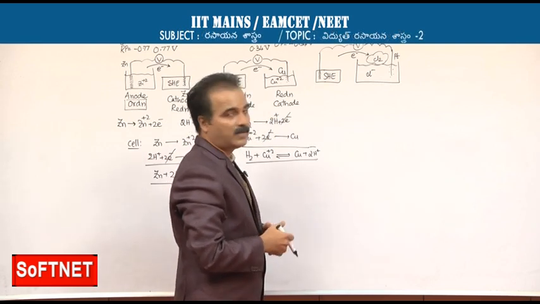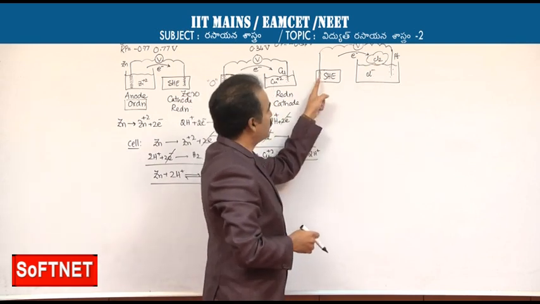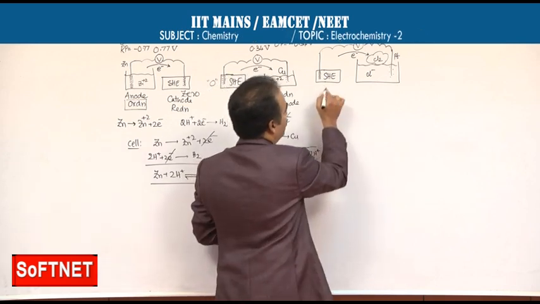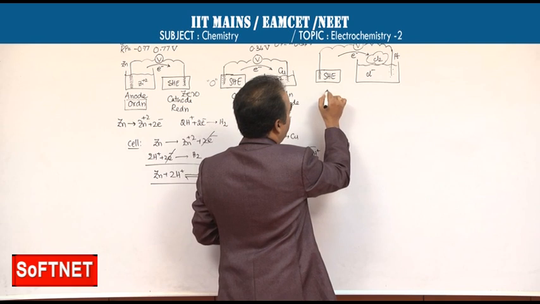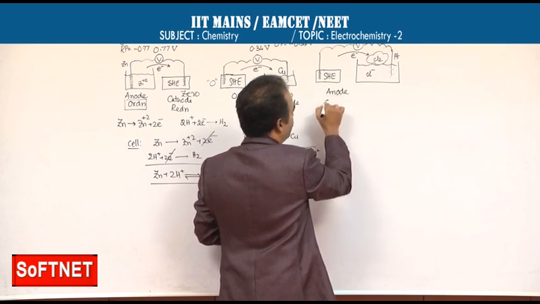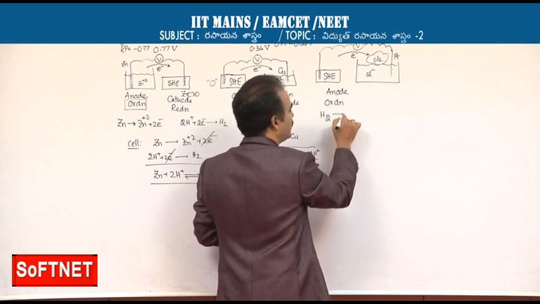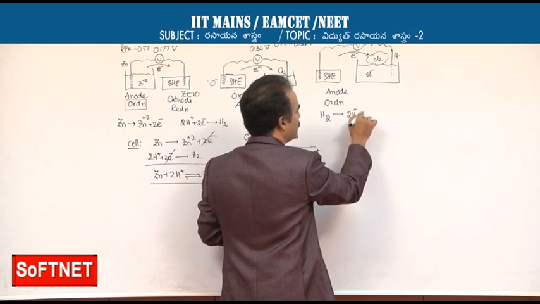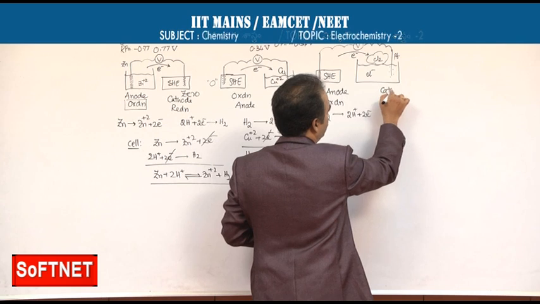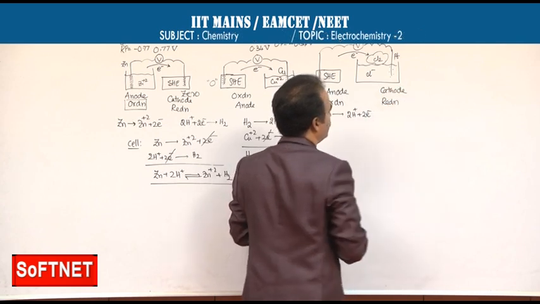So, which is ready to undergo reduction? Chlorine electrode is ready to undergo reduction. So, hydrogen electrode is ready to undergo oxidation. So, here SHE acts as anode and undergoes oxidation. Oxidation means H2 gives rise to 2H plus and 2 electrons, and here the chlorine electrode acts as cathode, so it is undergoing reduction. Reduction means what?